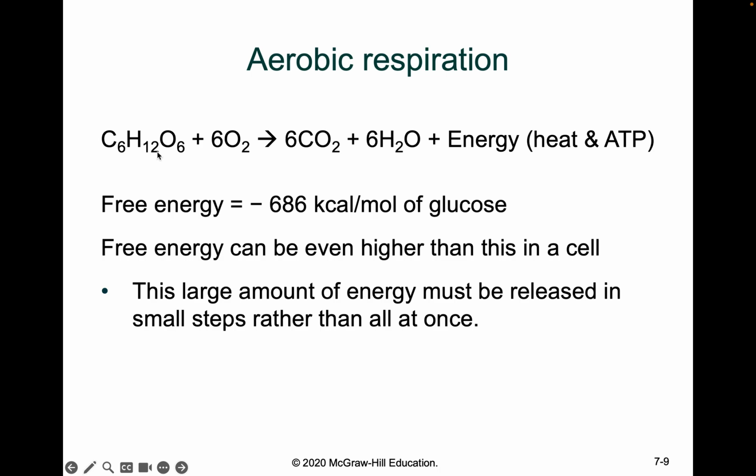And this high energy molecule is glucose. We spoke about this. Glucose is the subunit that helps us create energy. And as we said, we need oxygen. So imagine that you have one glucose molecule, shown here, and then you have oxygen. Because it's aerobic, you're trying to break down completely, or oxidize, this glucose into six CO2 molecules, six water, and energy, which comes as heat but also as ATP.